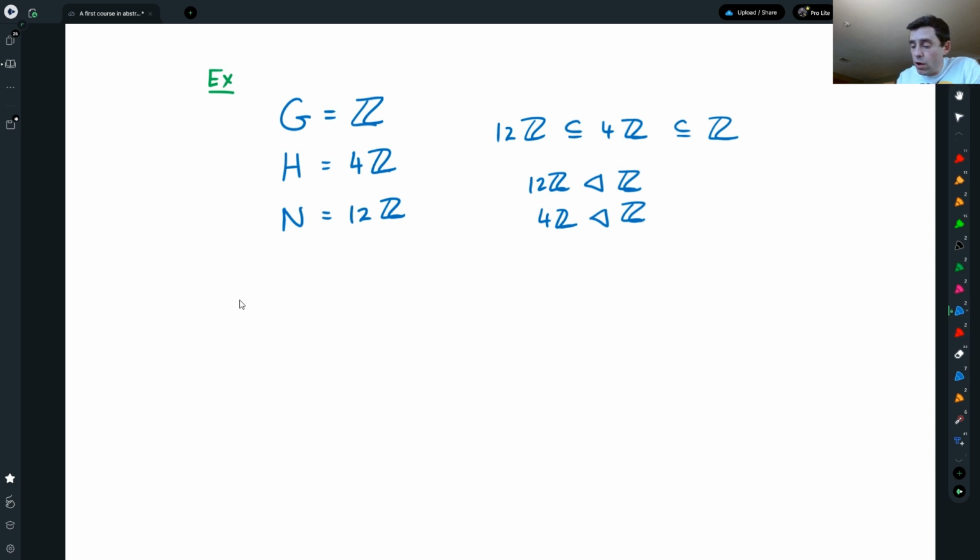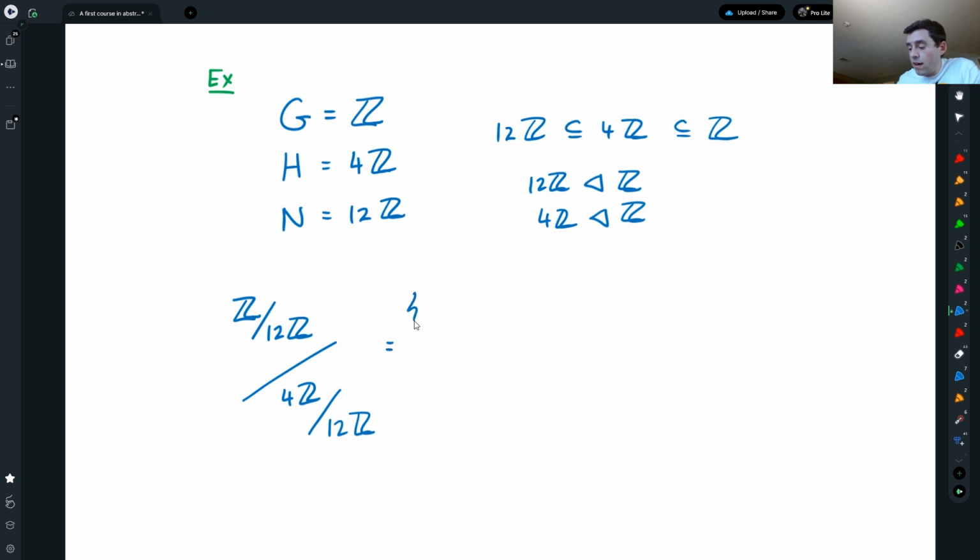I can look at Z modulo 12Z and do the quotient by 4Z modulo 12Z and try to figure out what is happening in this quotient and what it is going to be isomorphic to. What the theorem tells me is, by the way, let me just rewrite this.